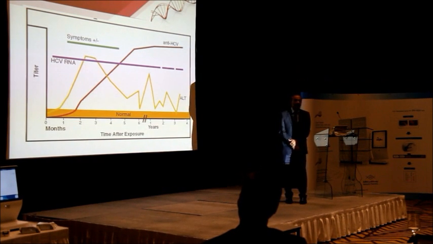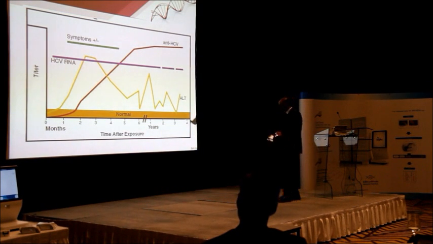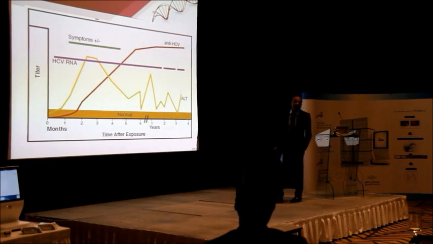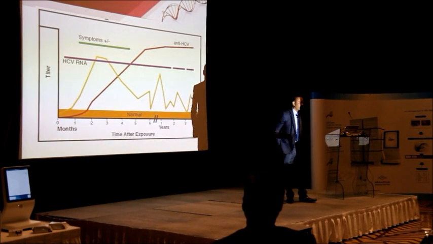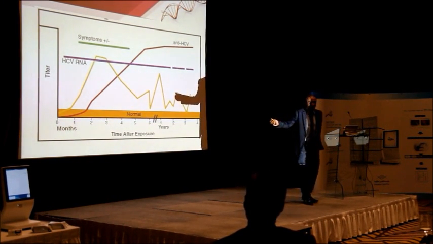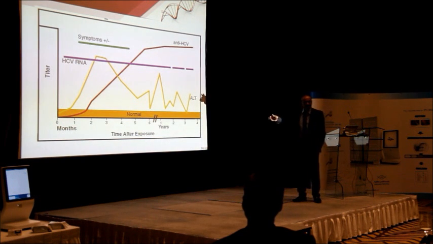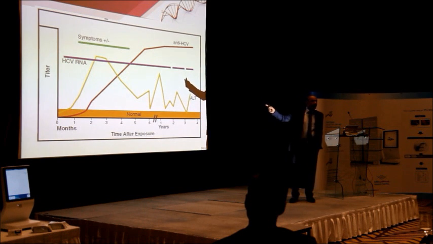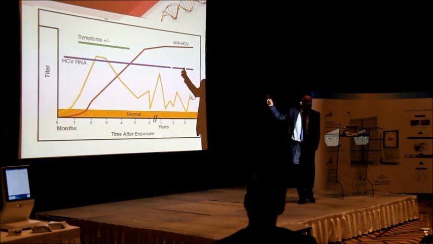For example, in hepatitis C virus, if a person gets infected, HCV RNA is there and anti-HCV is there. But if this person gets treated or gets rid of the infection, the RNA will not be there anymore, but the antibody will be there for ages.